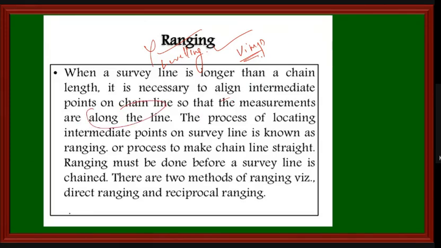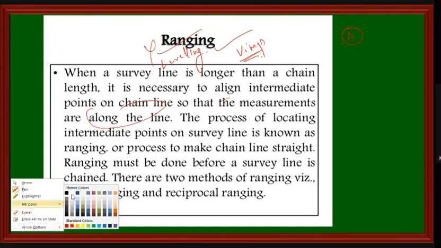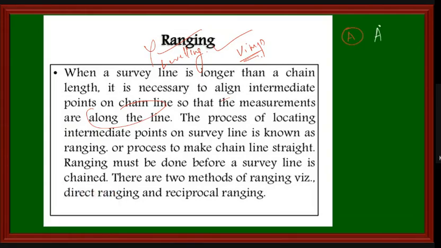For example, say this is my station A and this is station B. If the distance between station A and station B is too long, and I want to establish another point or station called C, then what will we do? We will go for ranging with the help of A and B. I will explain this in a very simple manner.